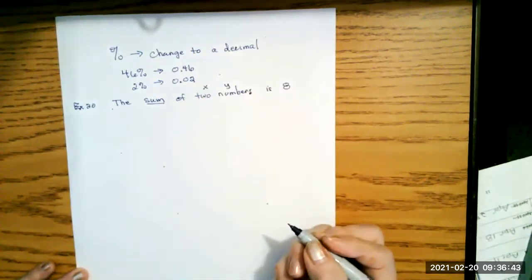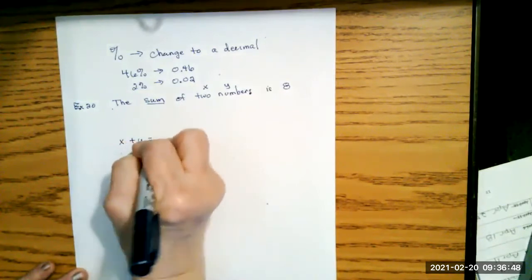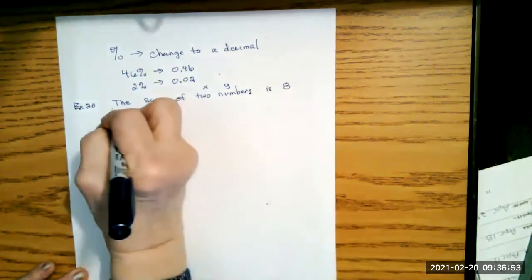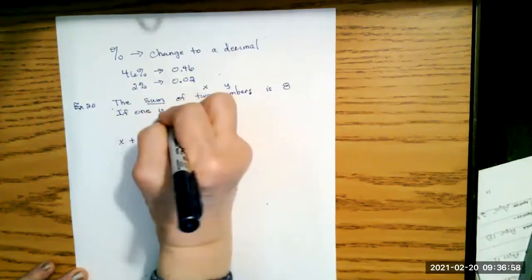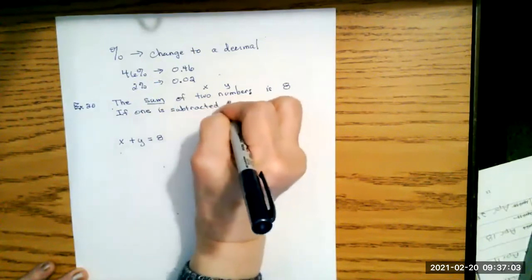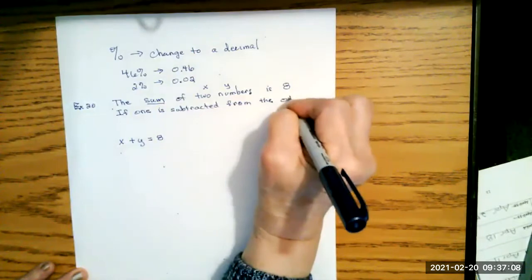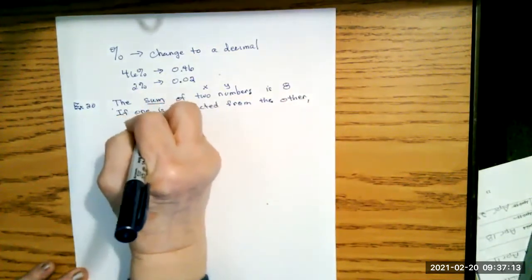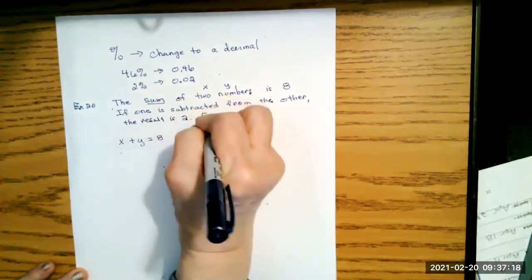So if I wanted to have the sum of x and y, my first equation would say x plus y equals 8 from the first sentence. Then it says if 1 is subtracted from the other, the result is 2. Find the numbers.